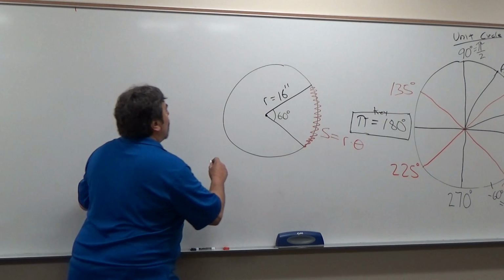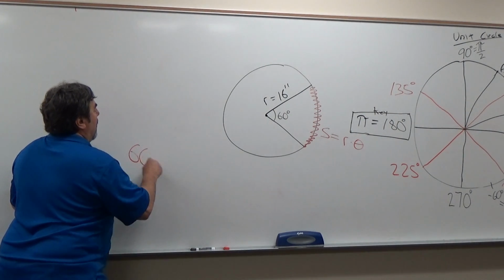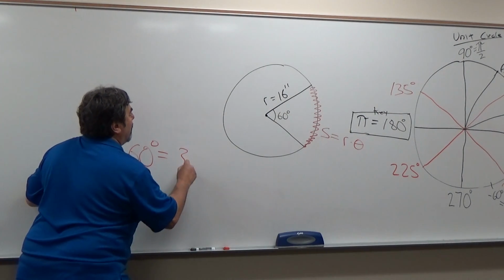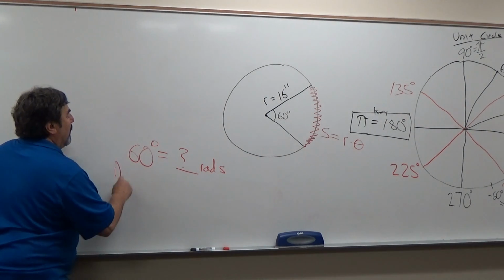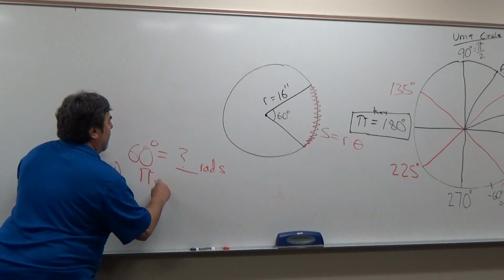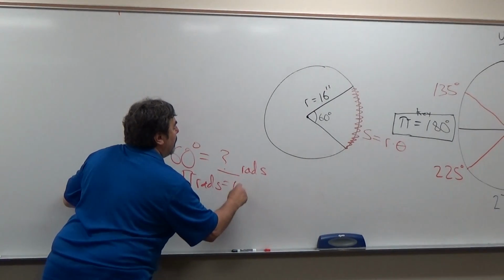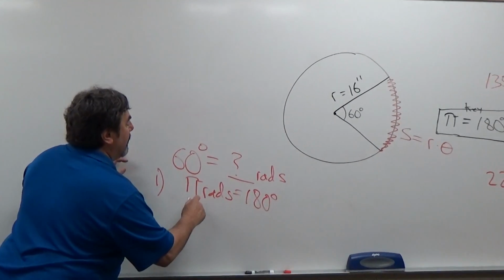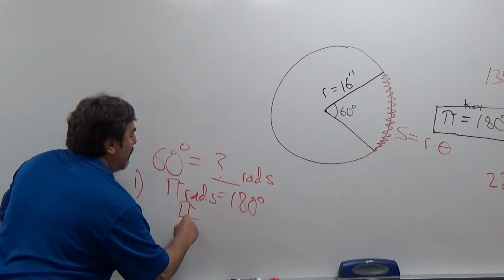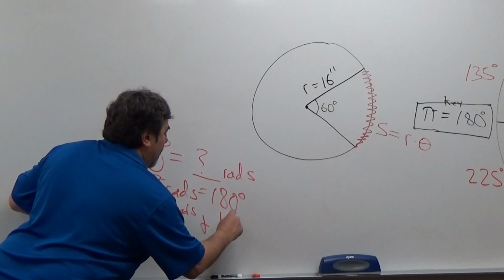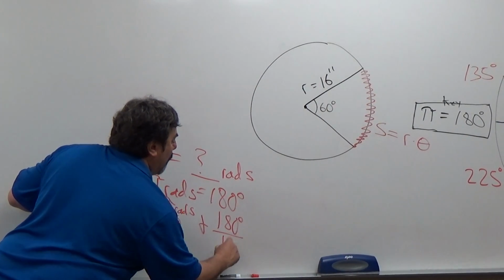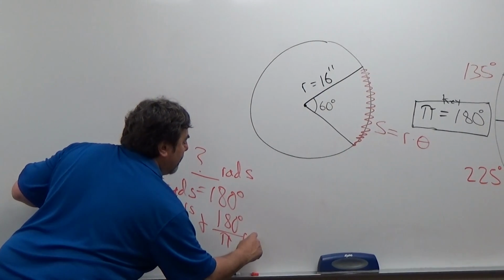Okay, so we take 60 degrees, and we want to convert it to some number of radians. So we start out by saying that pi radians is equivalent to 180 degrees. And then we make two fractions out of that: pi radians over 180 degrees and 180 degrees over pi radians.